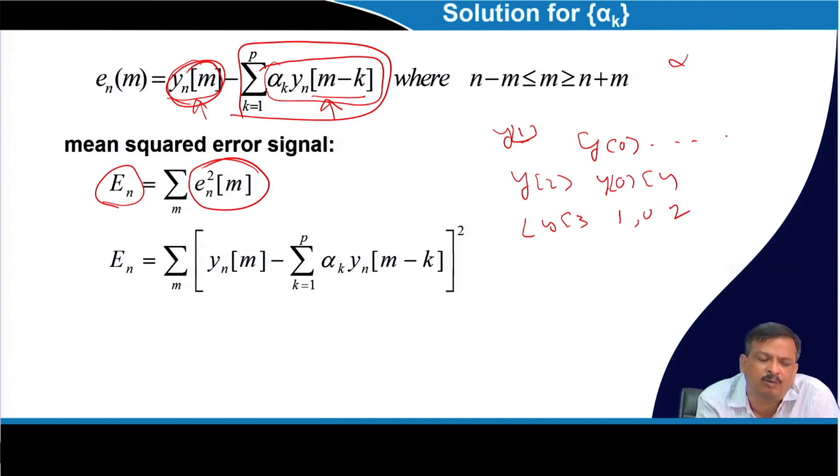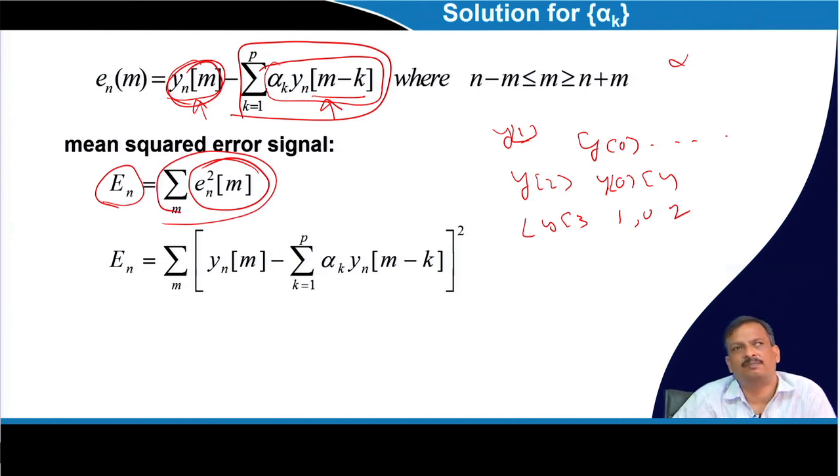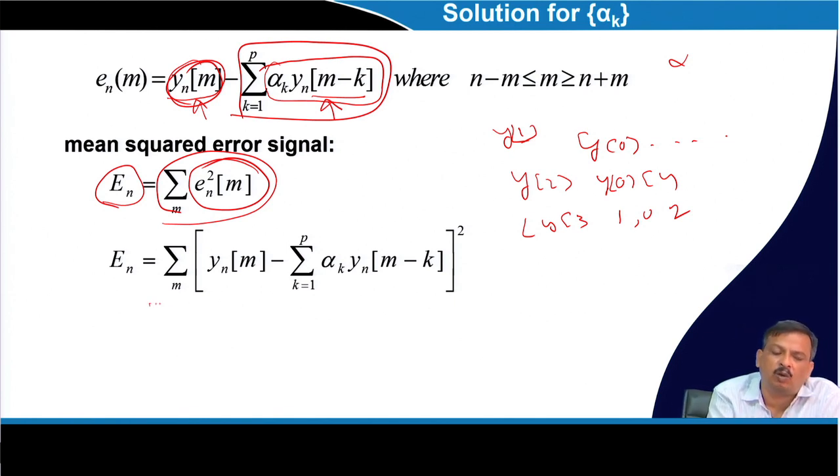Each time I calculate the error, take the sum, and get the mean square error. So E_n is the sum of the square of this error.